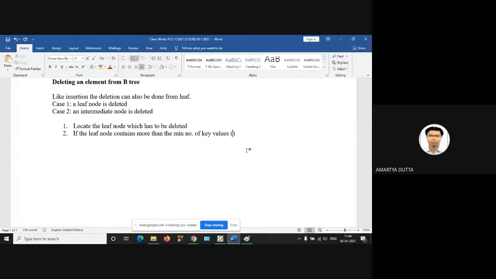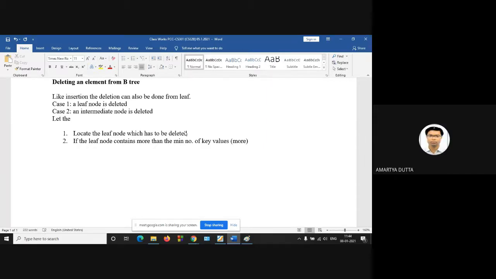For a leaf node, let the order be m. It will be more than m by 2, then delete the value.